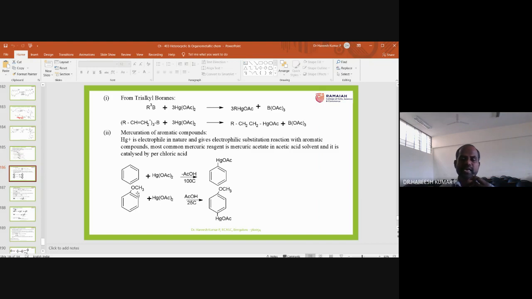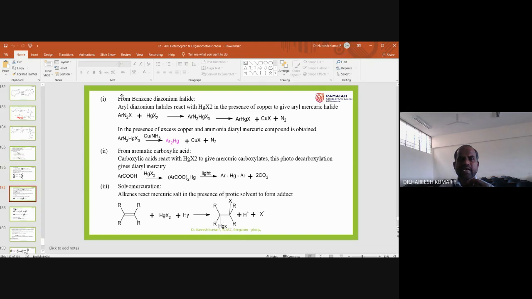Methoxy is an electron donating group, so it orients the incoming electrophile to the ortho or para position. So anisole orients the incoming HgOAc to the para position. That is how methoxyphenyl mercuric acetate is formed. With this, I will go to the next slide.